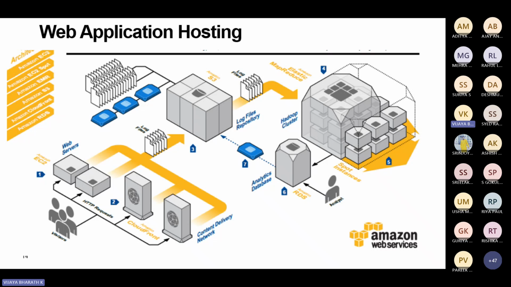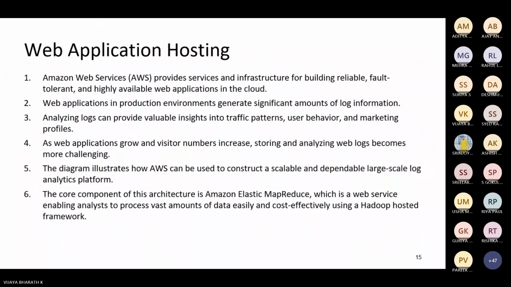So you can see for that you store it using Amazon S3, and your CloudFront helps us to reduce the latency, and your RDS is for database. So here you could see, right, theoretically, AWS provides services and infrastructure in building a reliable, fault-tolerant, and highly available web application.